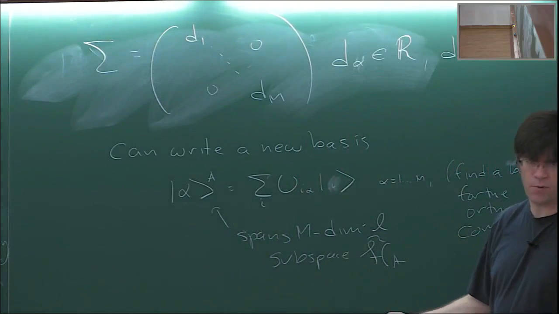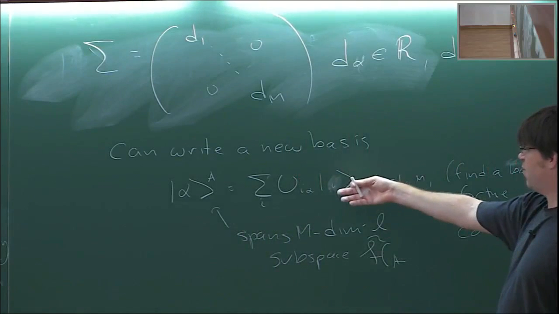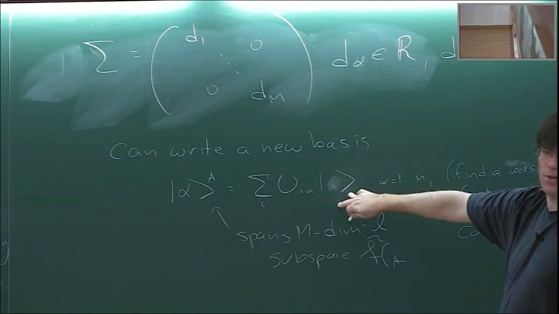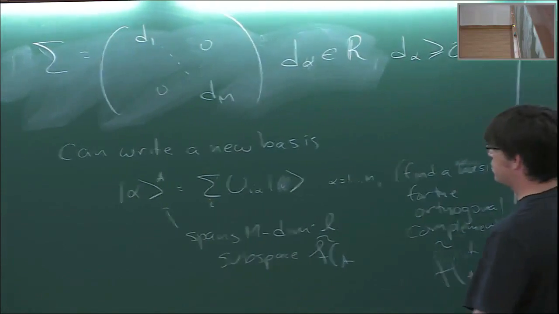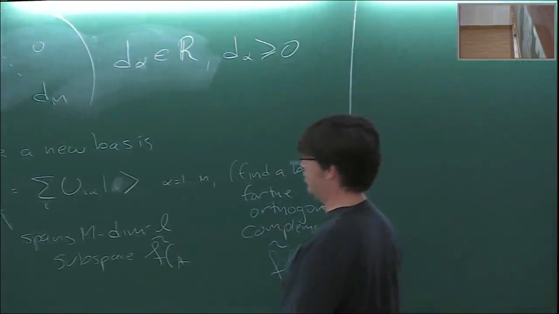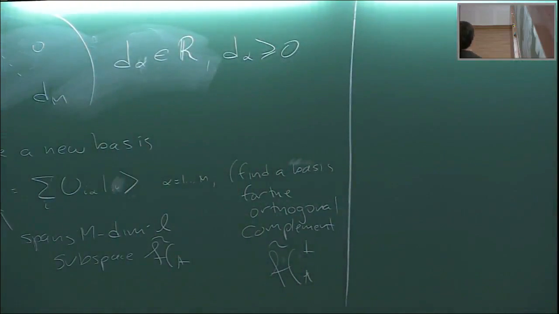If I wanted to find a full orthonormal basis that included these, I would just figure out the orthogonal complement and then find the additional basis vectors for that orthogonal complement. But this we'll call H tilde A. And similarly, I can write down this new basis vector, and let me just show that it's orthonormal.